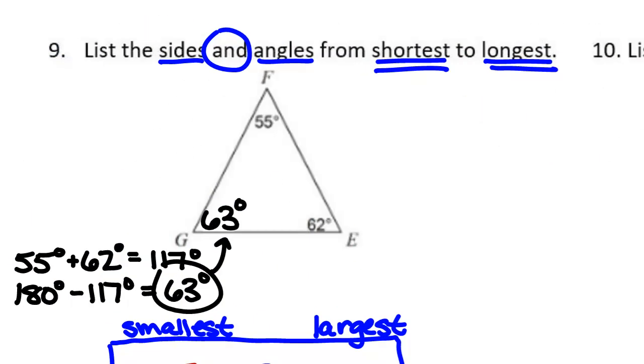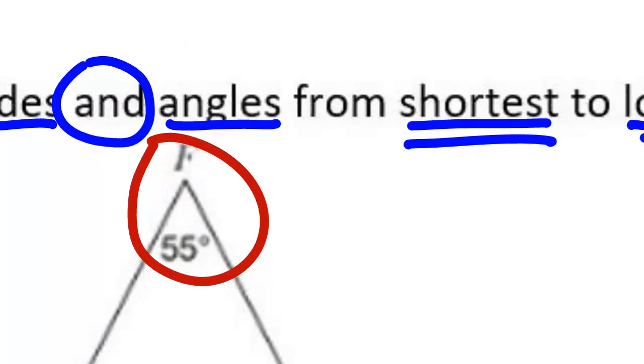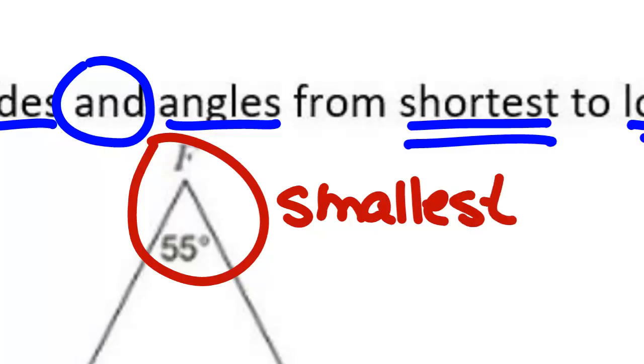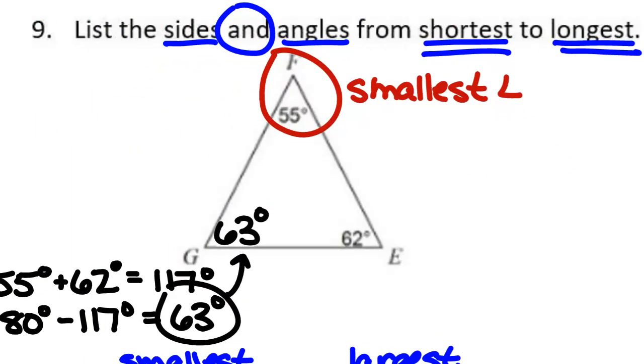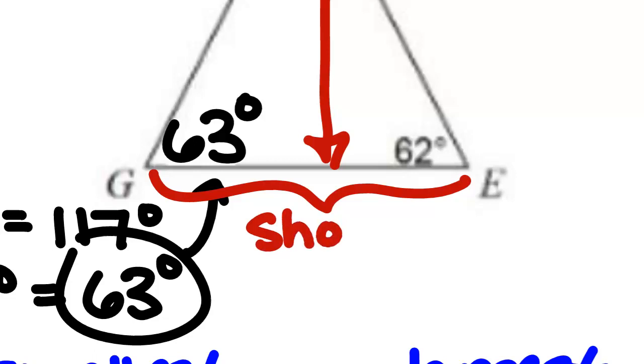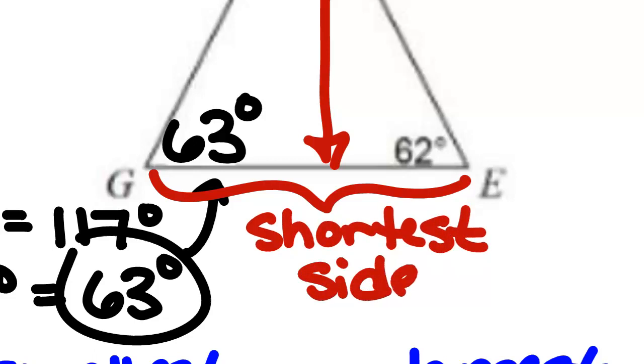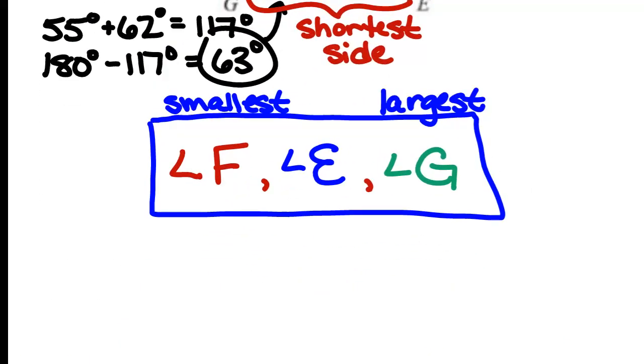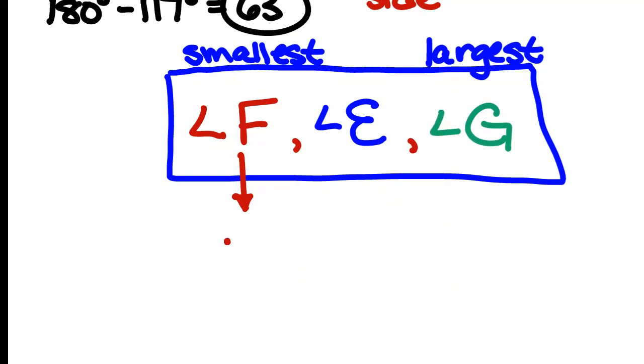We said that angle F was the smallest angle. So what would the side be that is the shortest side? GE, right down here. So corresponding across from angle F is side GE.